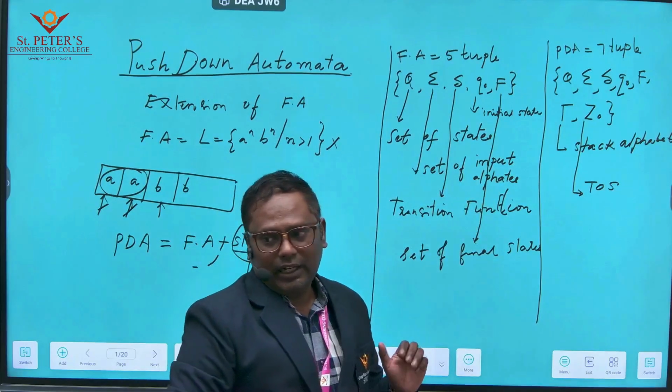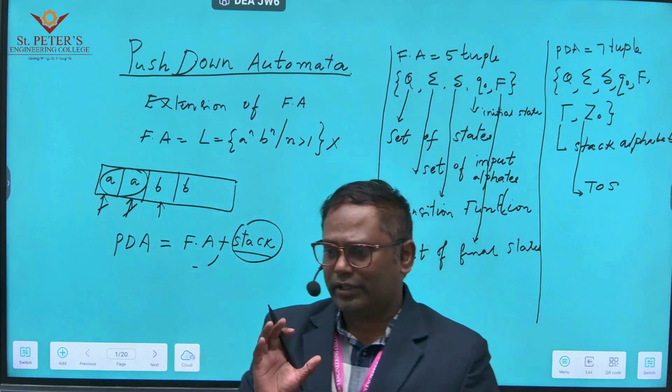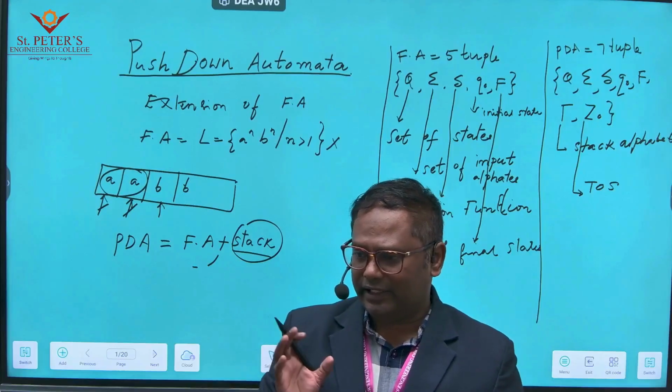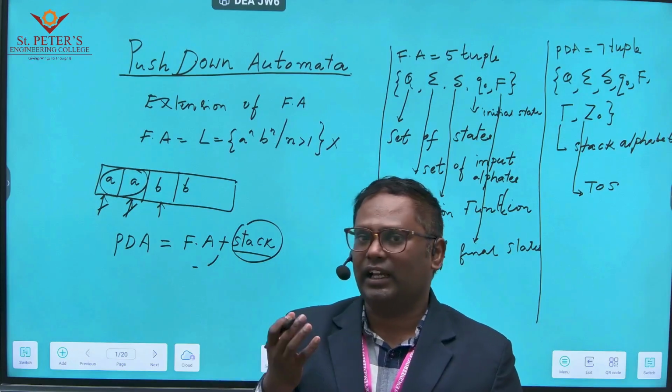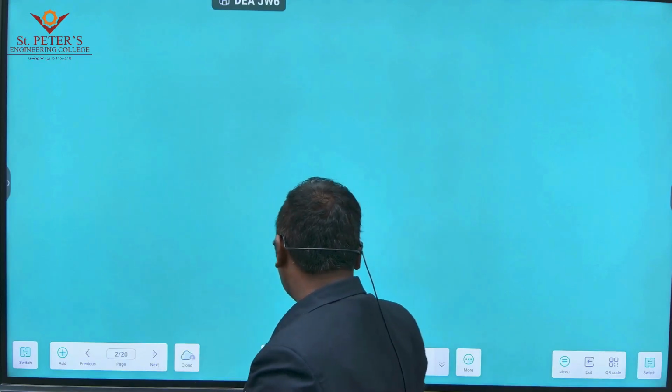Is it clear? Now I'll explain the concept of push down automata by taking a stack. I'll take a language and see how I'm going to implement that language here.